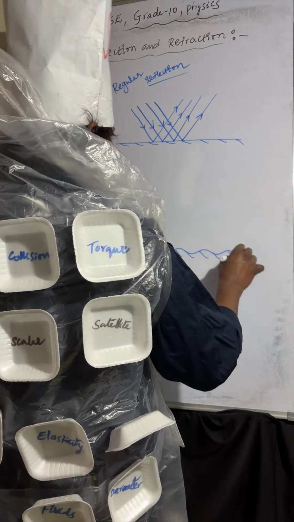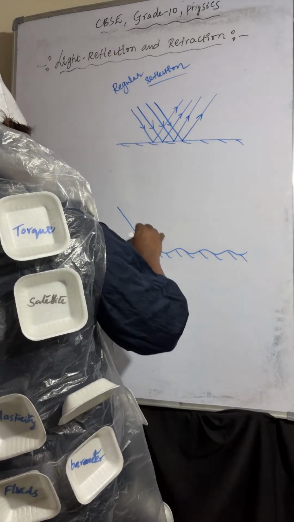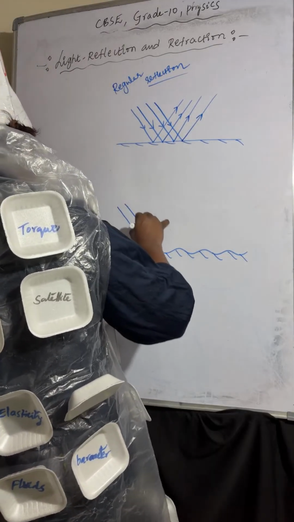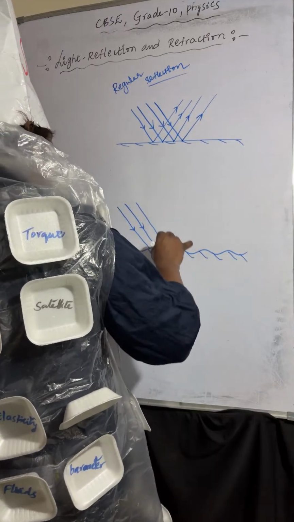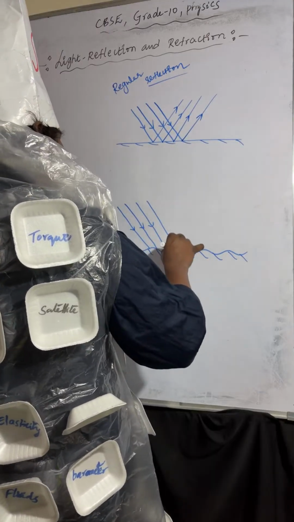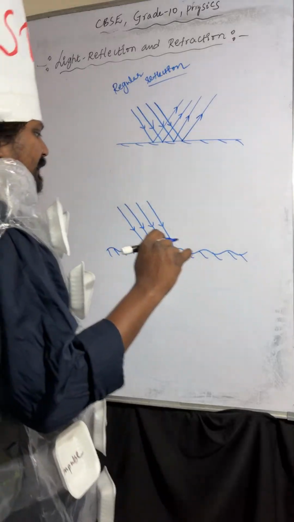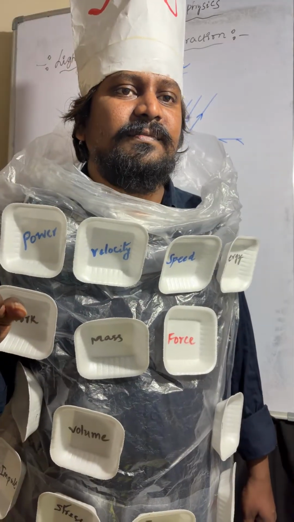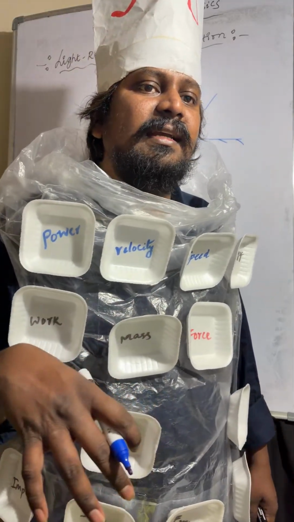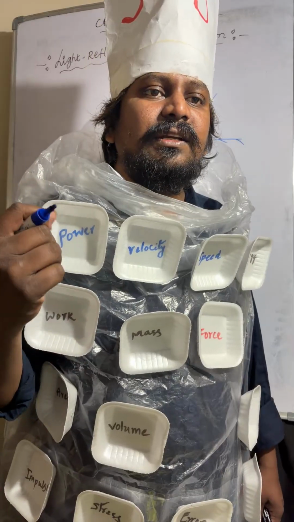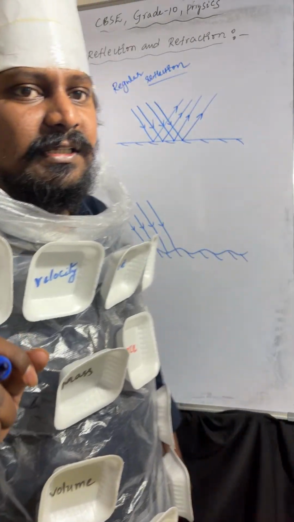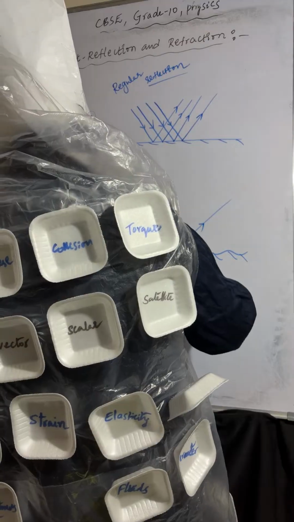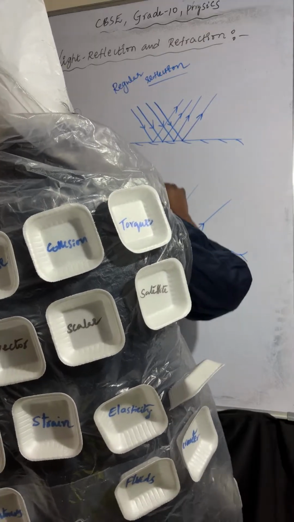That type of reflection is called irregular reflection.